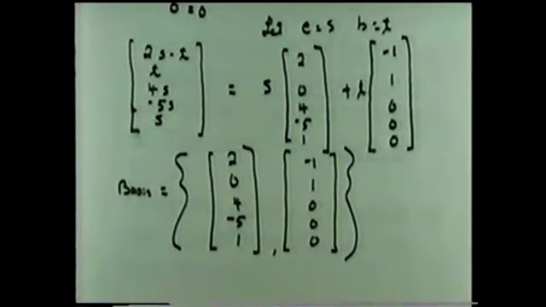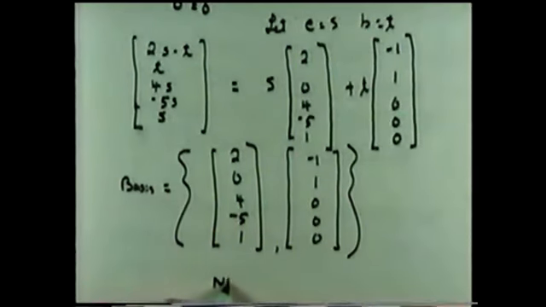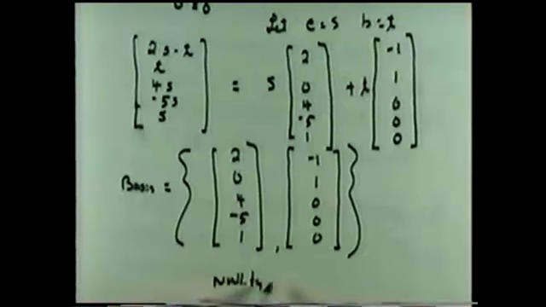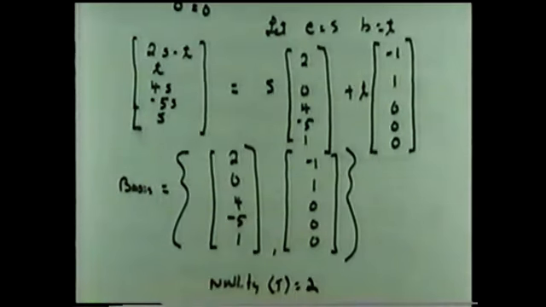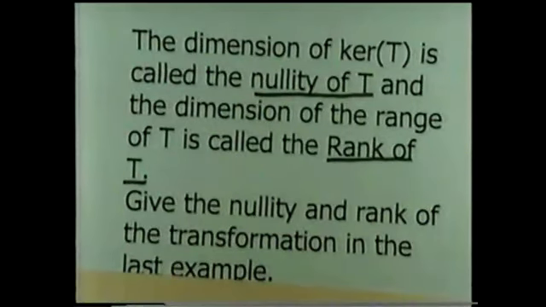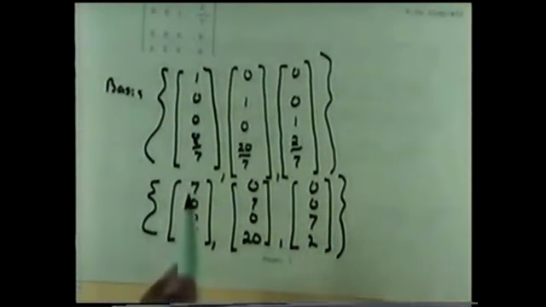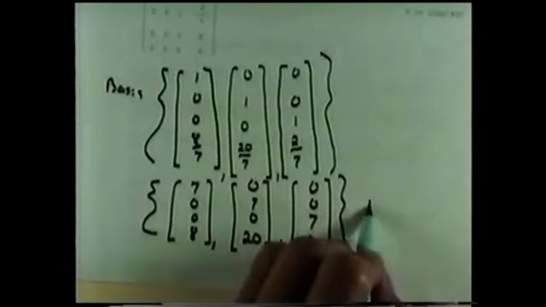And if we have two vectors in a basis, that means that the nullity of T is 2. Now the rank is the dimension of the range. So here is the basis for the range. The range had 3 vectors, so the rank of T is 3.